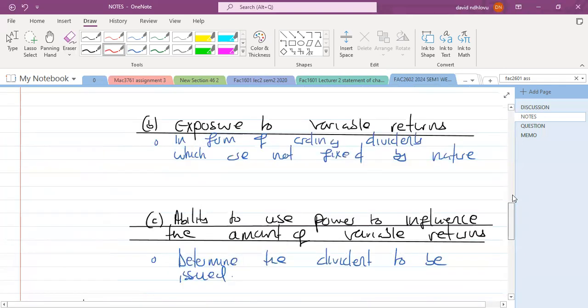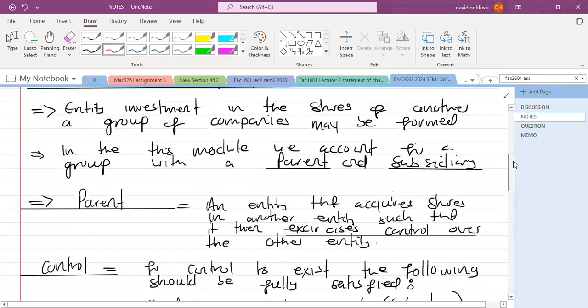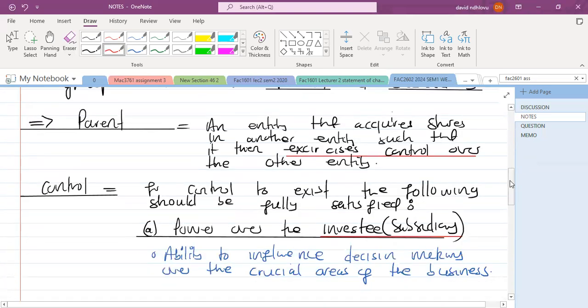Right, remember, a group is when an entity invests in the shares of another company. In this module, our group will comprise of a parent and 1 subsidiary, where the parent is an entity that has made an investment in another, such that the investment has given that company control over that entity. Right, what is control? 3 things must be satisfied.